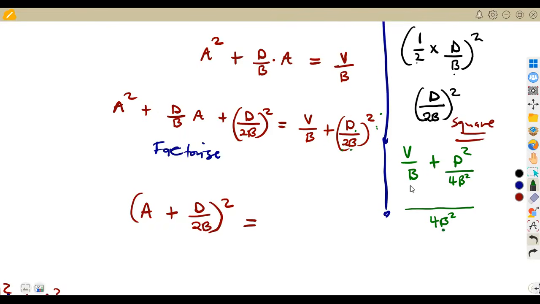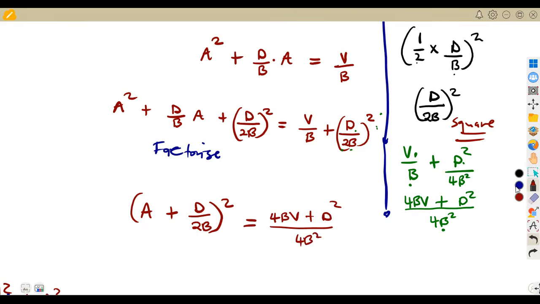So it's 4b squared divided by b, which is 4b, times this v, so it's going to be 4bv, plus 4b squared divided by 4b squared, which is 1, then 1 times d squared, which is d squared. So as we can see, this is the same way that we wrote last time as d squared plus 4bv. So it's just one and the same thing. If we add, we are going to obtain 4bv plus d squared over 4b squared.